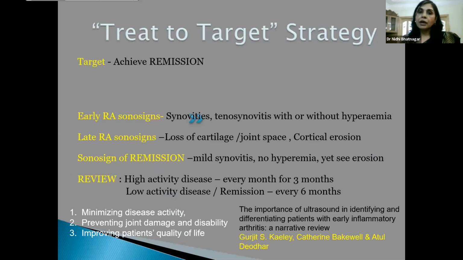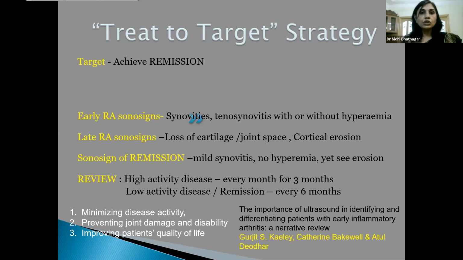There is evidence now that early introduction of disease-modifying agents, so we are really talking about DMARDs, inhibits progressive structural damage. NSAIDs and steroids do not do that. They decrease the symptomatology and make the patient feel comfortable, but they don't inhibit structural damage or progression of the inflammation.